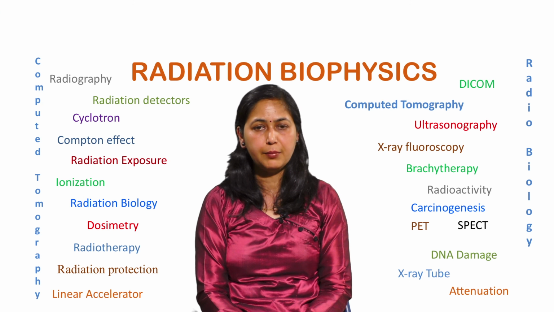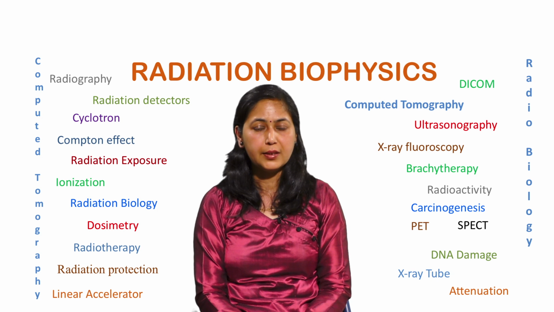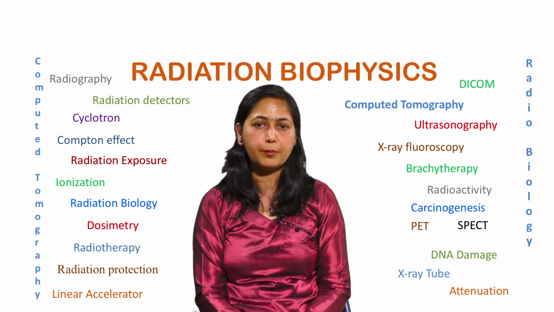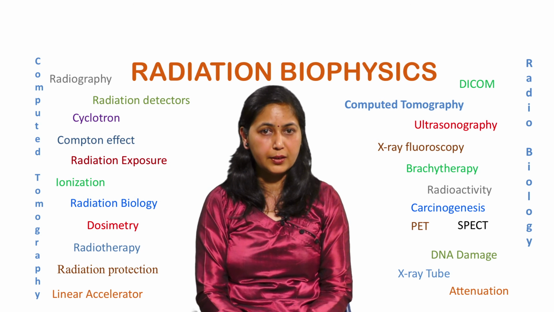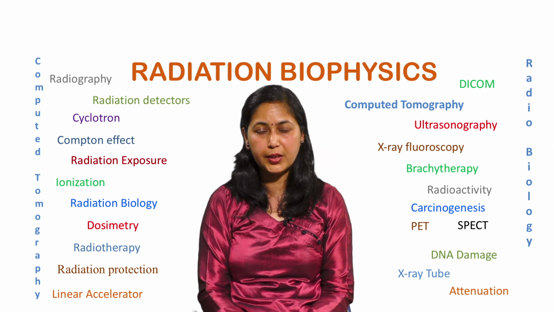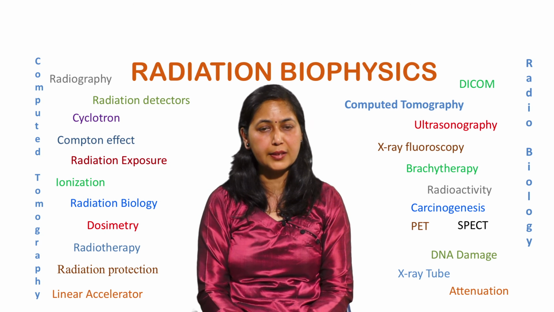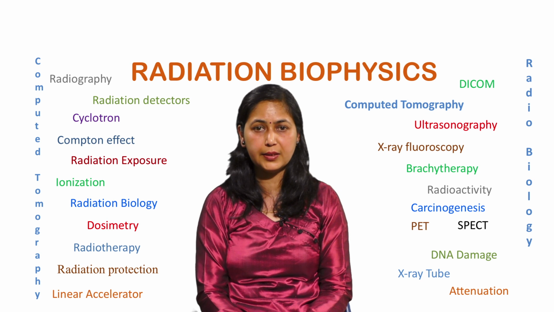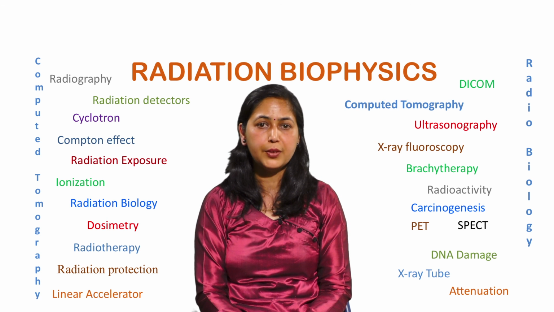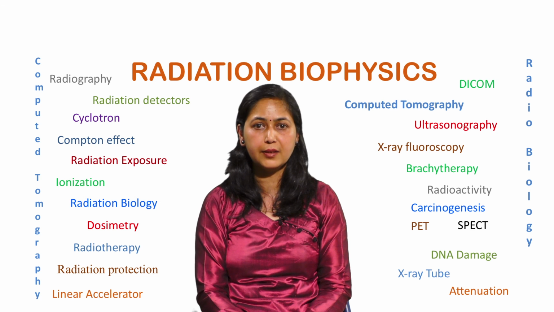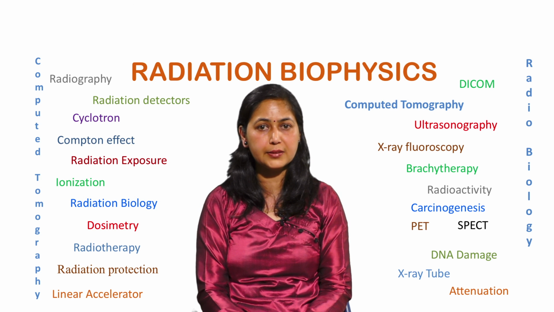So the topic can be concluded by saying that in this topic on attenuation of X-rays, we have understood how an X-ray beam is attenuated and what the factors are that affect the attenuation of X-rays. There is a difference between the attenuation of monochromatic X-rays and polychromatic X-rays.